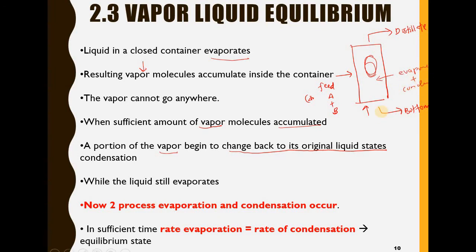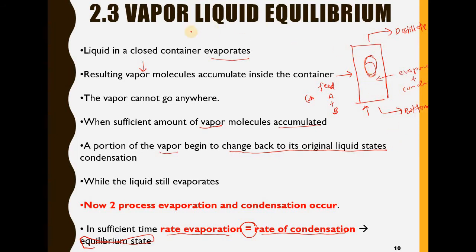When evaporation and condensation occur at the same time, continuously, we have two rates. In sufficient time, the rate of evaporation will be equal to the rate of condensation, and when they are equal, it has already reached the equilibrium state.